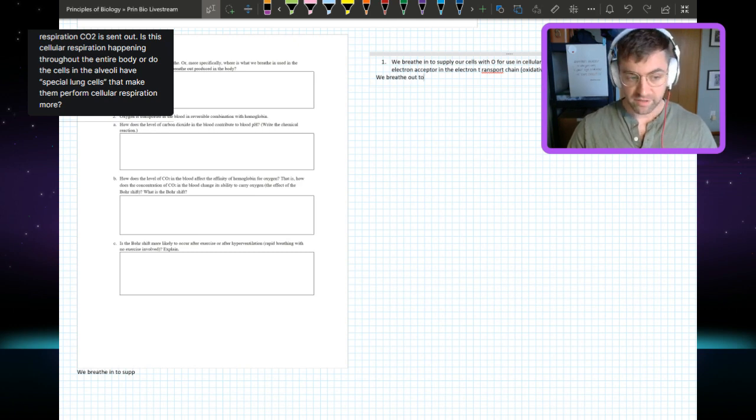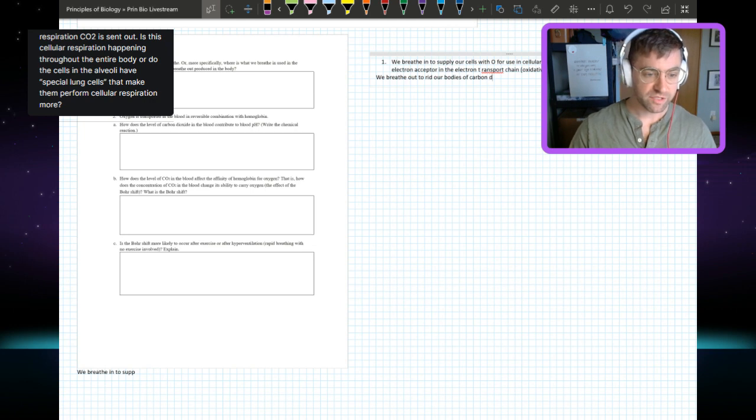We breathe out to rid our bodies of carbon dioxide, CO2, which is a waste product of cellular respiration.